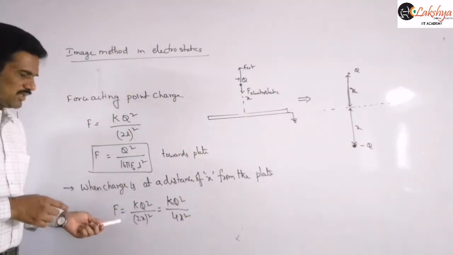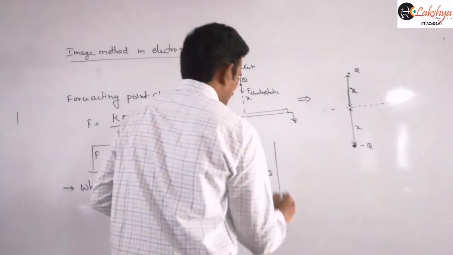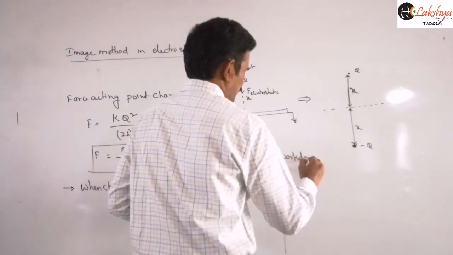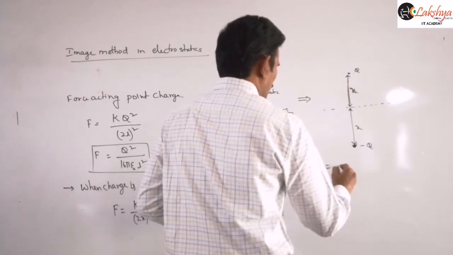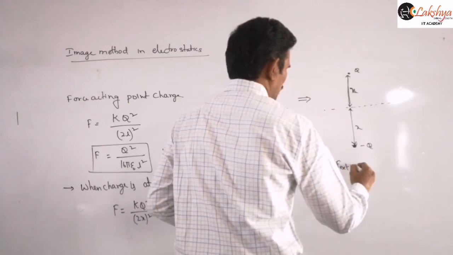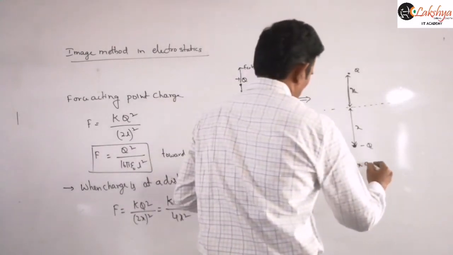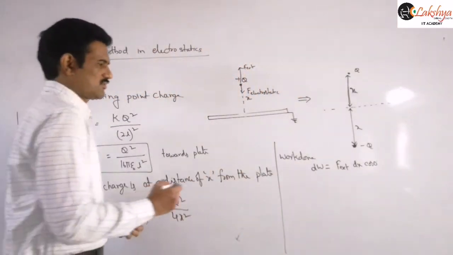And so this force is the external force, and therefore I can write the work done as dW is equal to F external into dx displacement into cos 0, right? That is the work done by the external force.